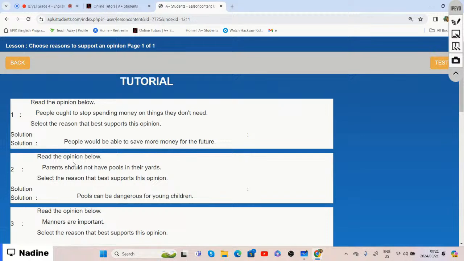It says people ought to stop spending money on things they don't need, right? What do you think can be a reason to best support your opinion? Why do you think people should stop spending money on things that they don't need?